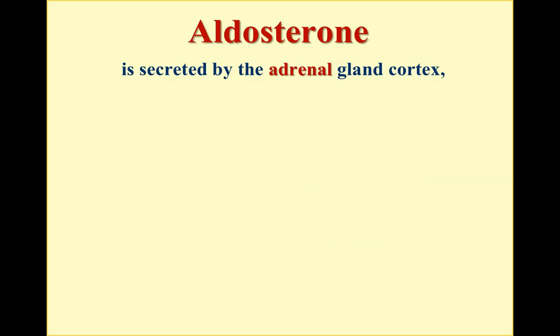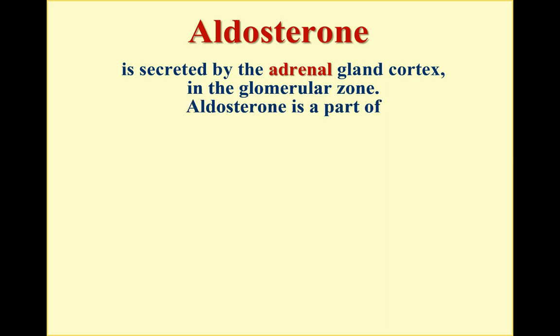Aldosterone is the second important hormone for regulation of kidney function. This hormone is secreted by the adrenal cortex, by its glomerular, most superficial zone. And in contrast to the hormones of other areas of the adrenal cortex, it's not controlled by adrenocorticotropic hormone, but by a system of which it is a part.